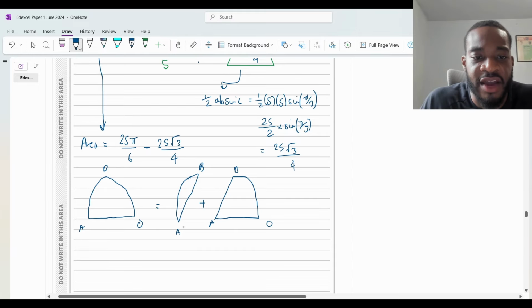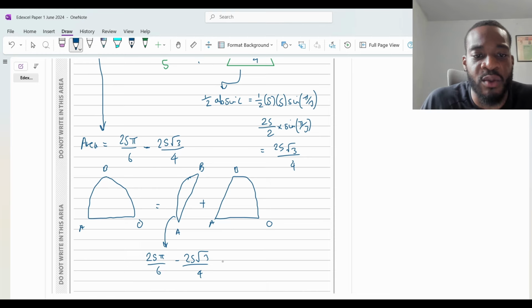So the area of this one is 25 pi over 6 minus 25 root 3 over 4. And then we're going to add on this area here, which we know is just 25 pi over 6.